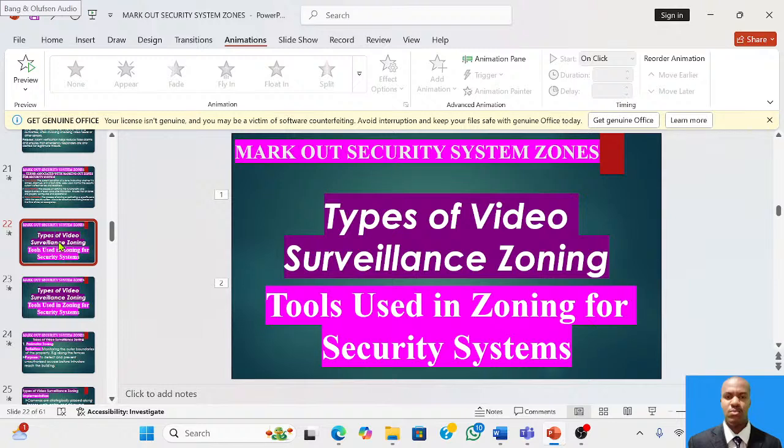I also explained the importance of marking out, the advantages, and in my video 2 I did something to do with terms associated with marking out zones in the security systems, the terms you use, what they mean, and their specific purpose and function.